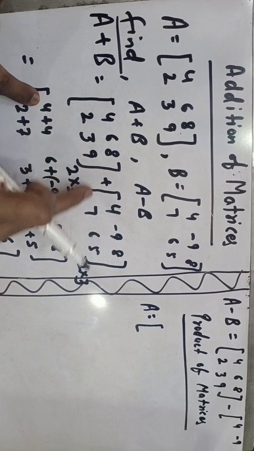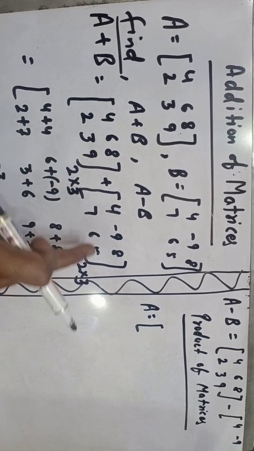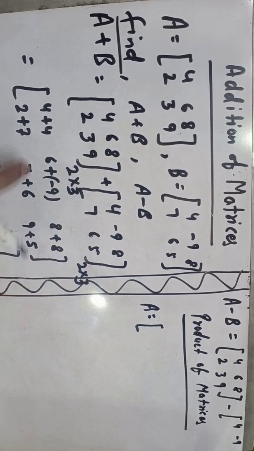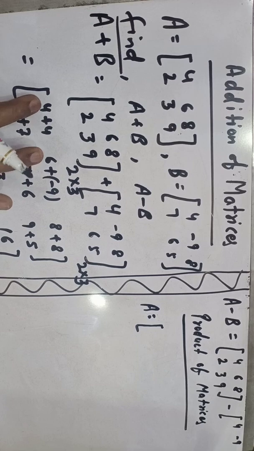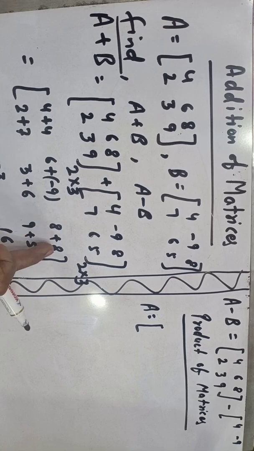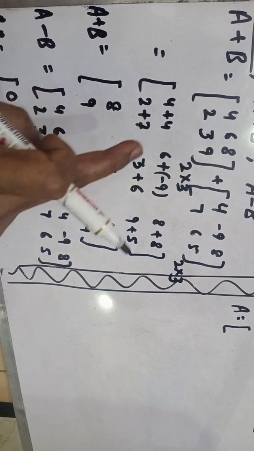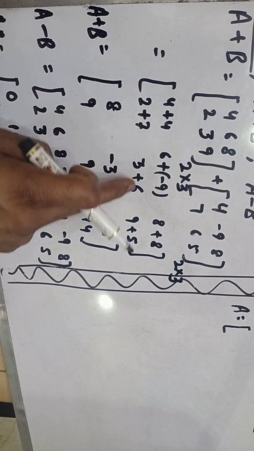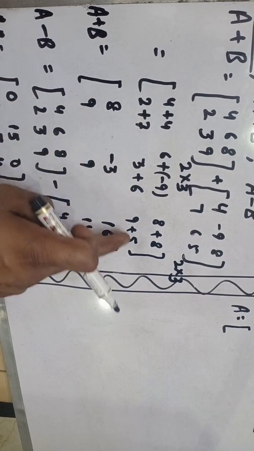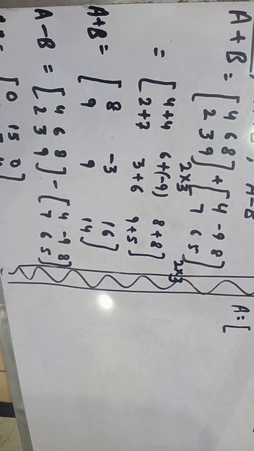Similarly 2 plus 7, 3 plus 6, and 9 plus 5. 4 plus 4 is 8. 6 minus 9 is -3. 8 plus 8 is 16. 2 plus 7 is 9. 3 plus 6 is 9, and 9 plus 5 is 14. So this is the addition of two matrices.